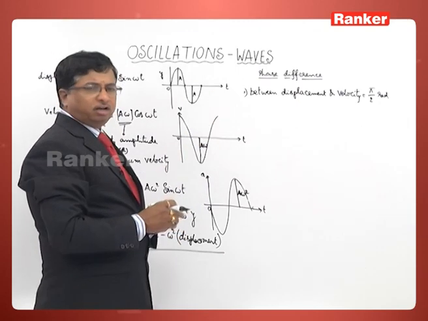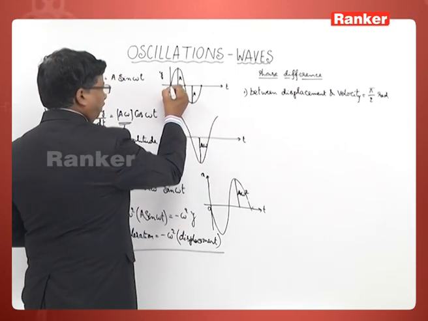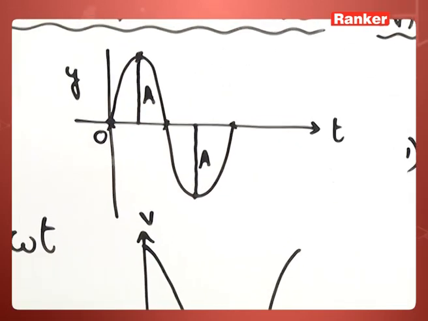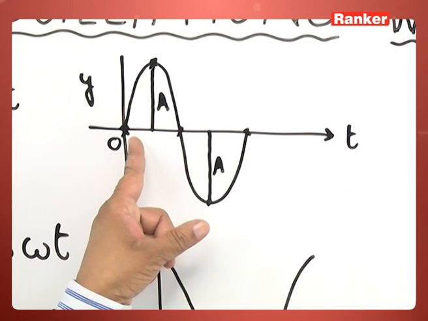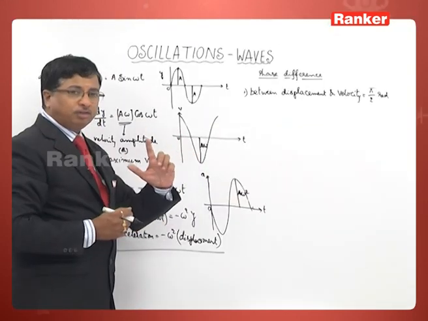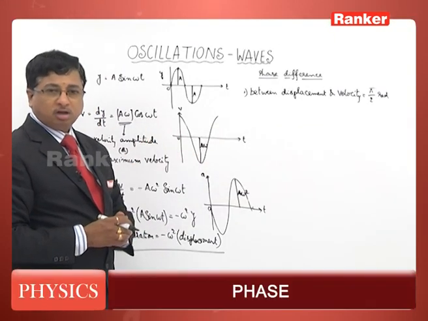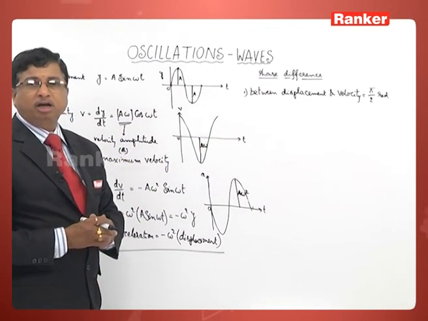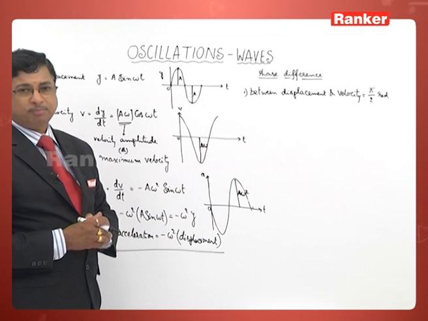Why can we take it like that? You just look: this graph is starting from the origin, whereas this graph is starting from the maximum. That means when time is taken as 0, velocity is already ahead by 1/4 of a wave, which of course can be taken as pi by 2 radian.